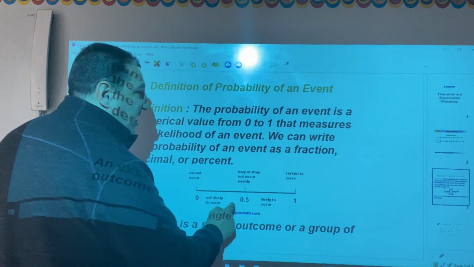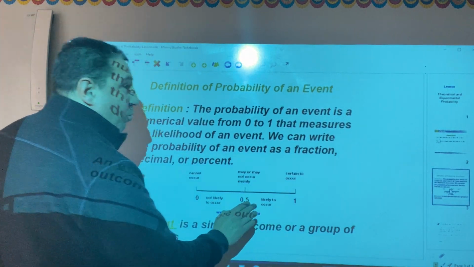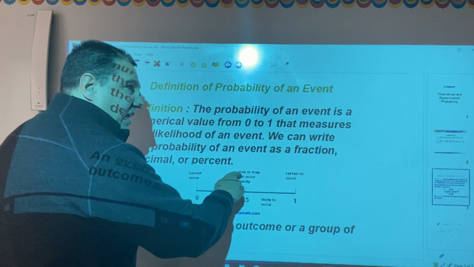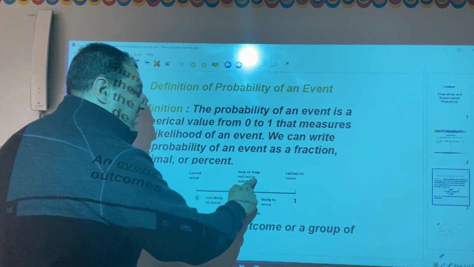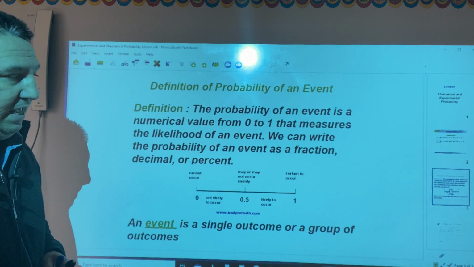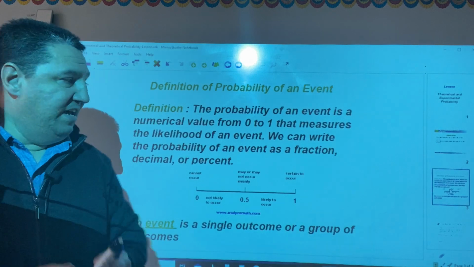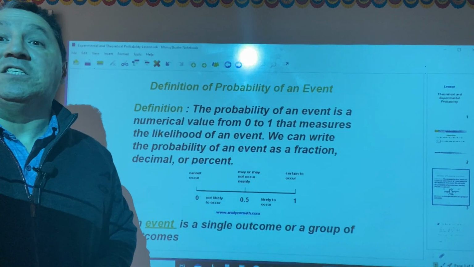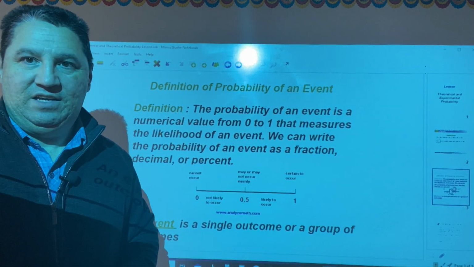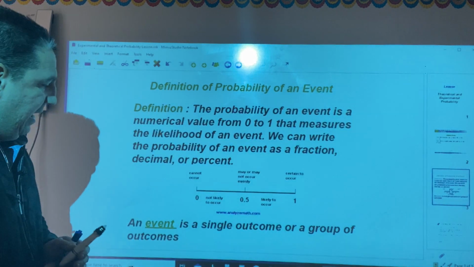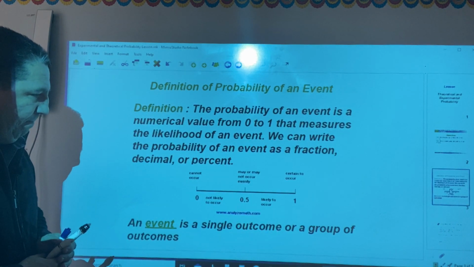If the probability of an event is 0.5 or 50%, that event may or may not occur evenly. When the probability of an event is 1, that event will certainly occur. It's 100% that it will occur.